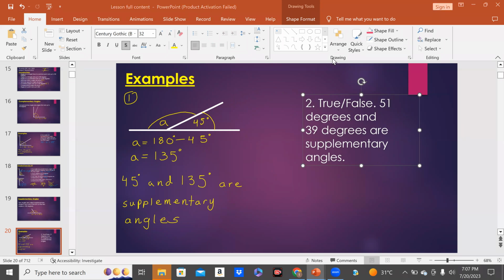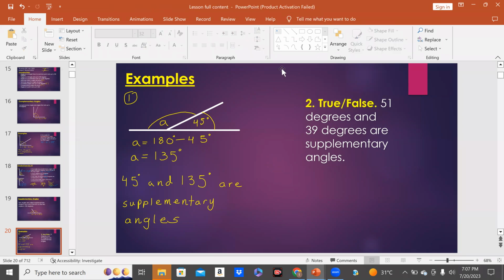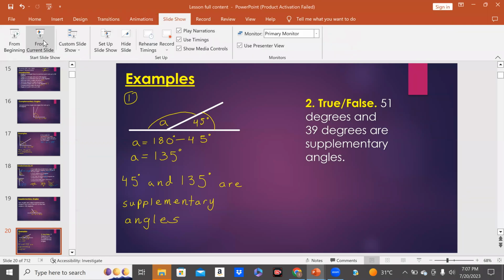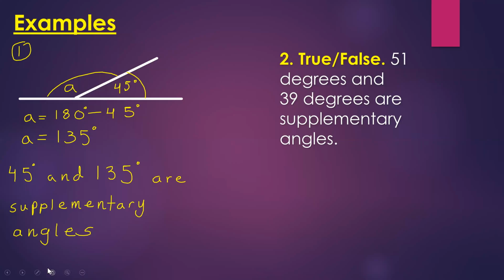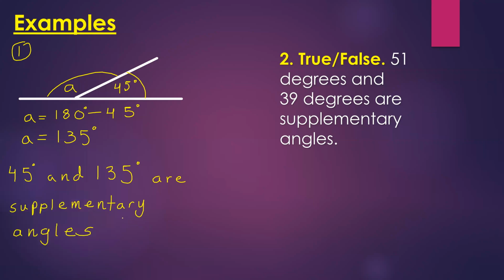Okay. It's a question for Ebony. True or false? 51 degrees and 39 degrees are supplementary angles. True or false? False.